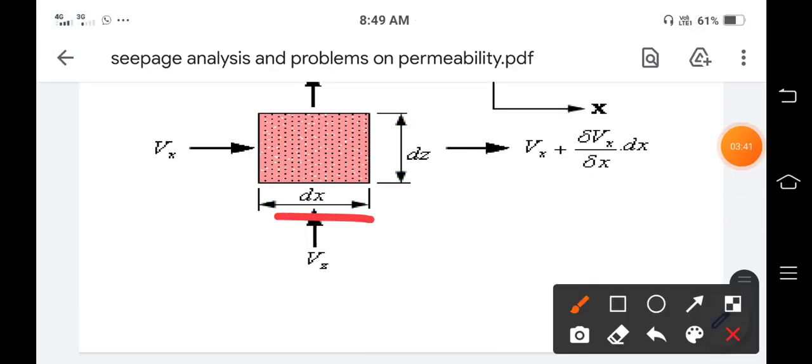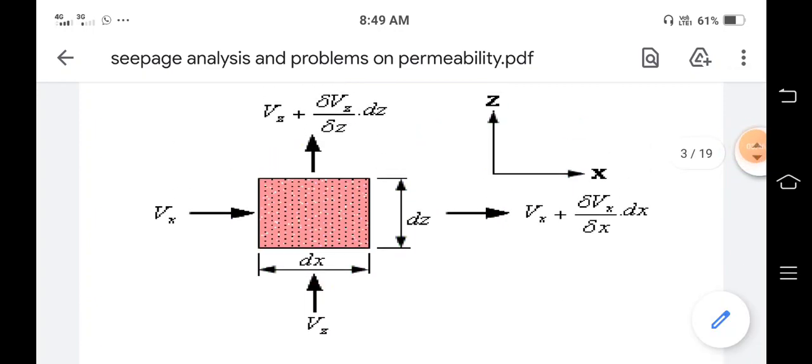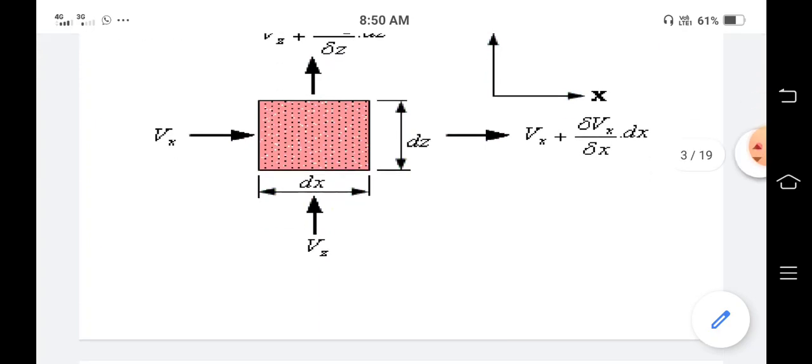Note that Vx and Vz are the inlet components while entering the element, because the flow is two-directional. While leaving the element, the outlet components are Vz plus delta Vz upon delta z into dz, and Vx plus delta Vx upon delta x into dx.